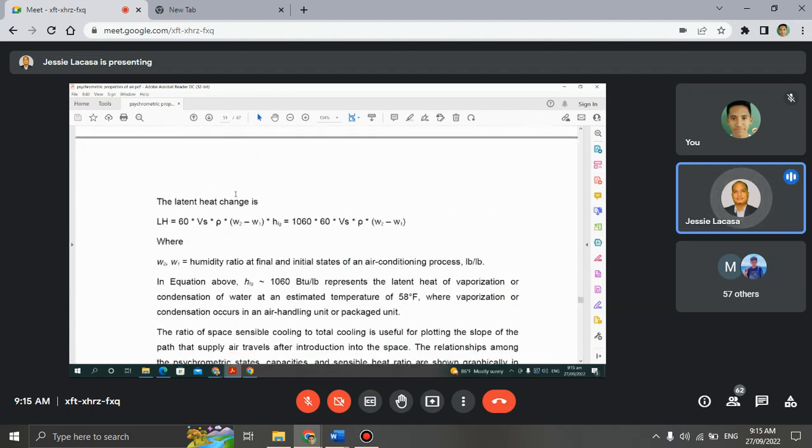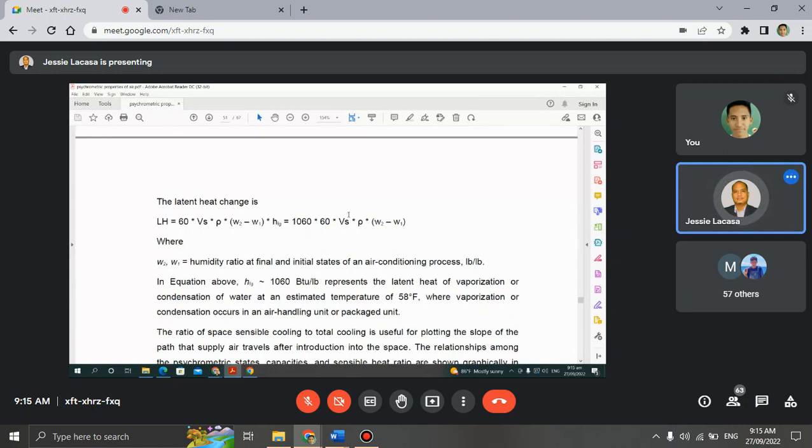So the latent heat change is equal to 60 times Vs, the volume flow, times the density, times the change in humidity ratio, times the enthalpy hfg.